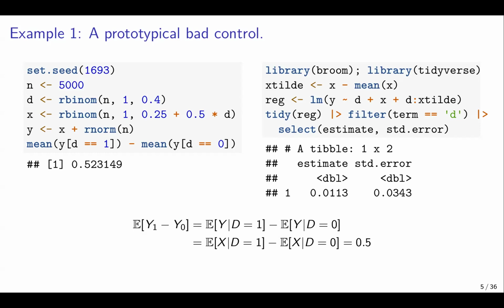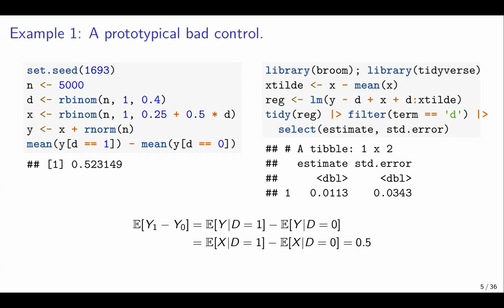I'm just going to load a few libraries here, and now I'm going to carry out exactly the steps that we looked at last time when we saw how to use regression adjustment in practice if you had binary treatment and one or more binary covariates. So here I have a single binary covariate x. I'm interested in the causal effect of d on y, remember, and I'm going to adjust for x. So I will run this regression. The regression is of y on d, x, and then the interaction between d and x that has had its mean subtracted from it.